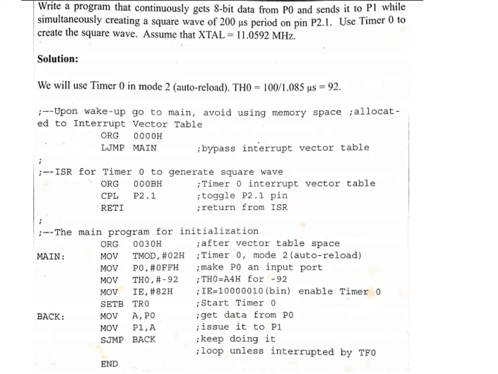This loop gets executed continuously, moving the content from port P0 to P1, and the microcontroller gets interrupted every 100 microseconds. For every 100 microseconds, a logic 0 and a logic high signal have to be sent alternately. Now let me assume that the microcontroller is interrupted, saying that a 100 microsecond delay is generated.